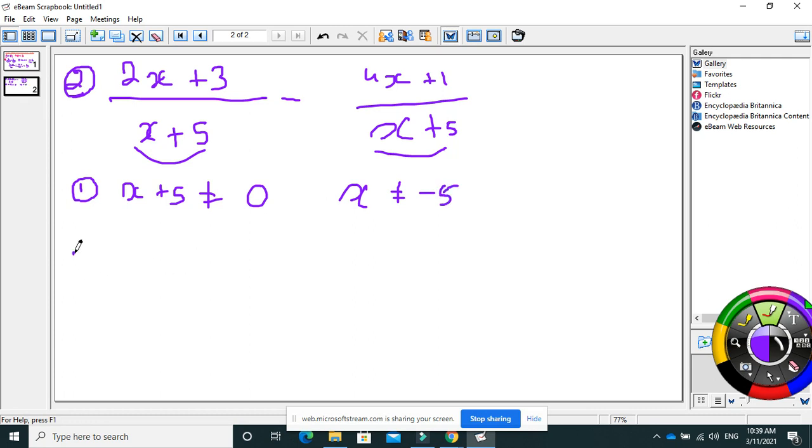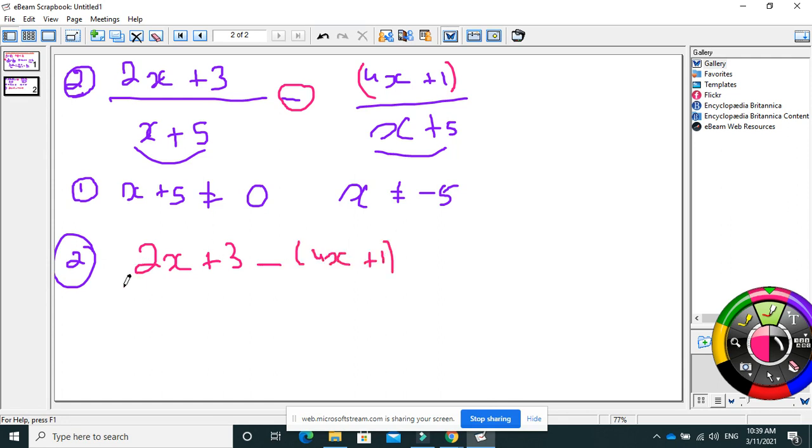And then now I can work. The second one, you need to be careful here. When you have a minus and there is an expression, you need to put parentheses so you will not have any calculation errors, especially here where there is a minus before. And this minus is for the 4x and the 1. So I'll have (2x plus 3) minus (4x plus 1) over x plus 5, and then I will do my calculation.